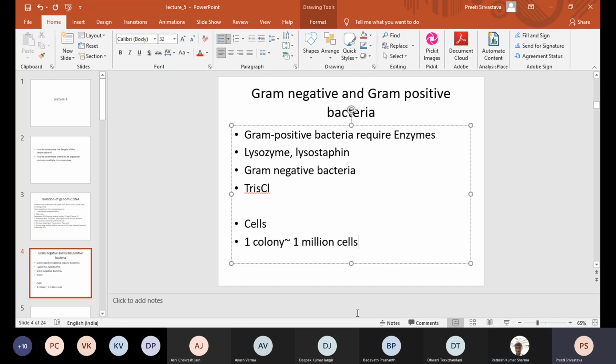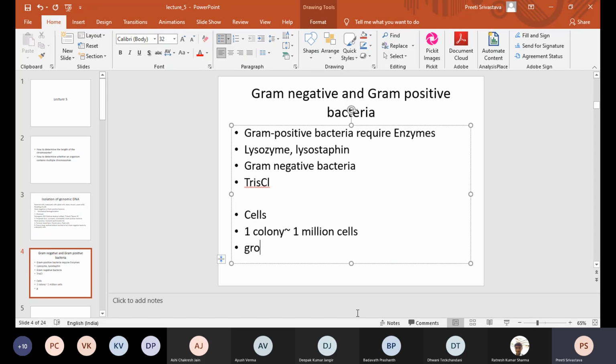So we can isolate the chromosomal DNA from one single colony, or we can isolate it from a larger amount. It depends on the requirement. For example, if you are interested in only a small amount of genomic DNA just to identify a particular strain, you can simply do colony prep, where you isolate the genomic DNA from a single colony, or you can prepare in large amounts.